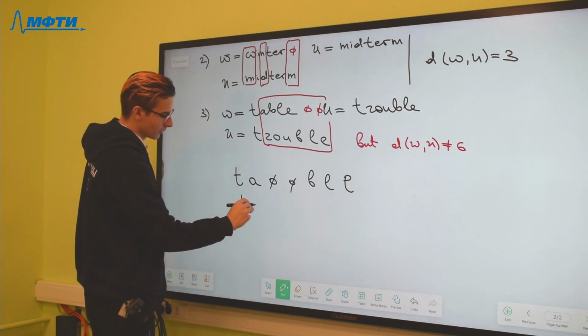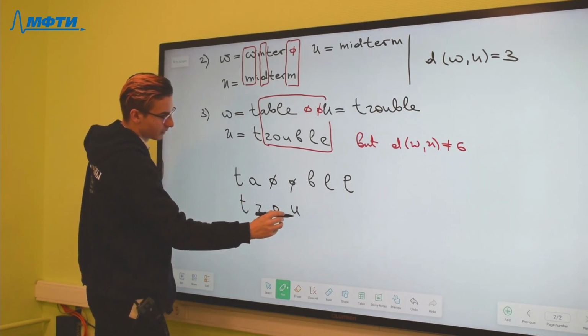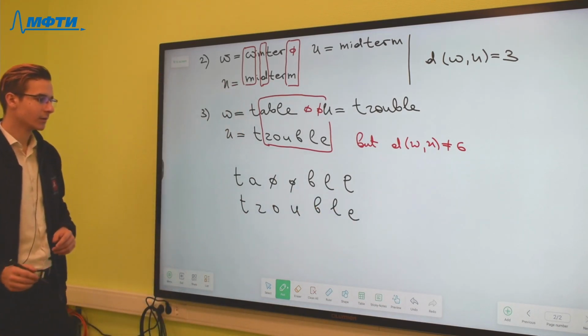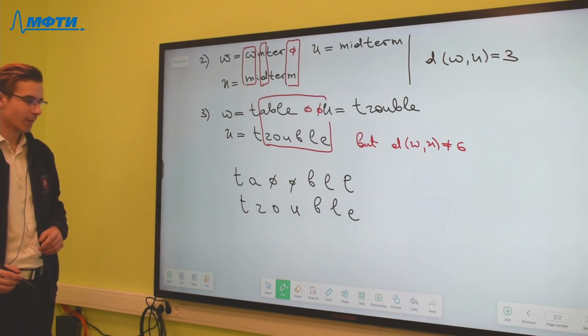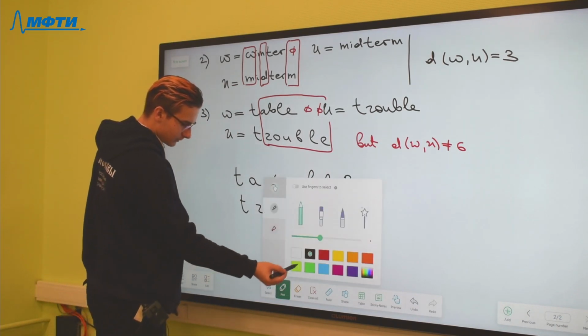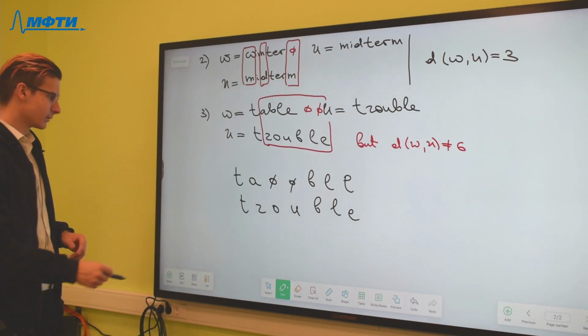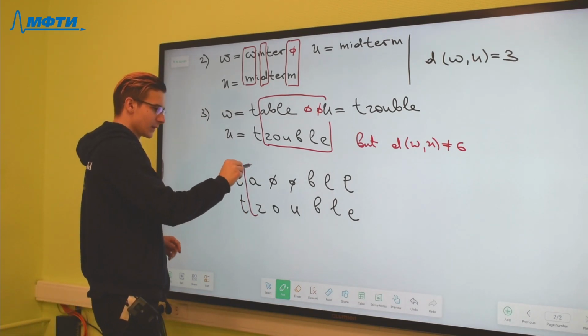And then I write the second. And we see in which places there are differences: in these 3 places.